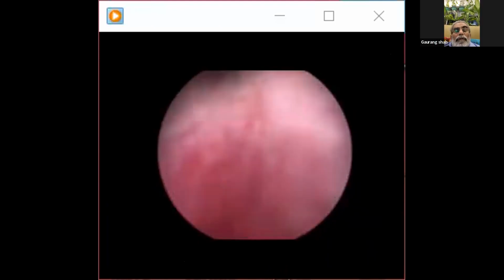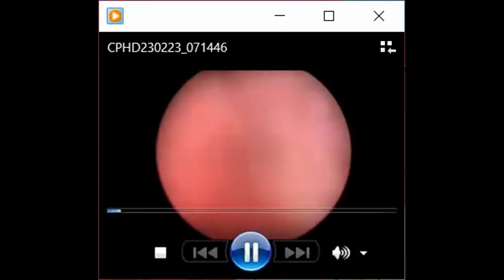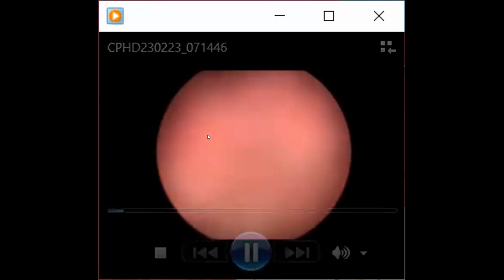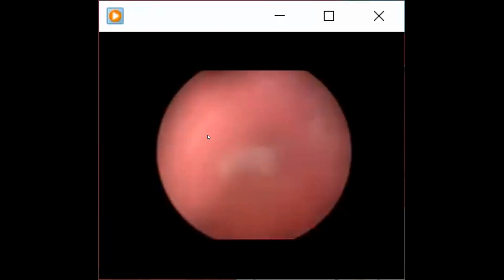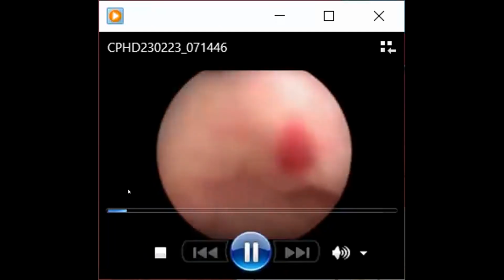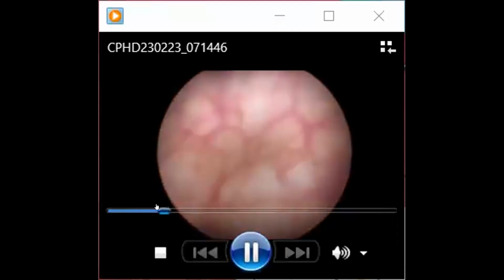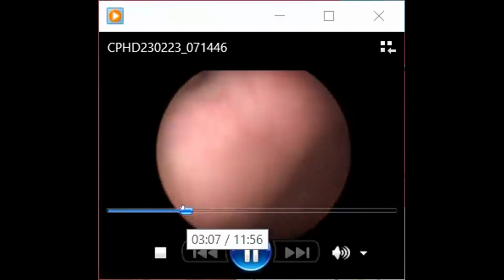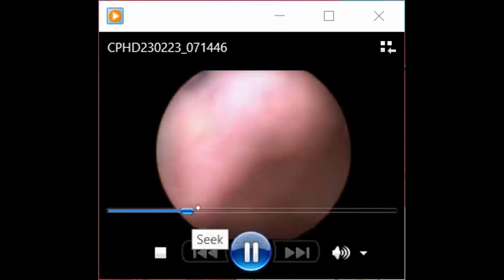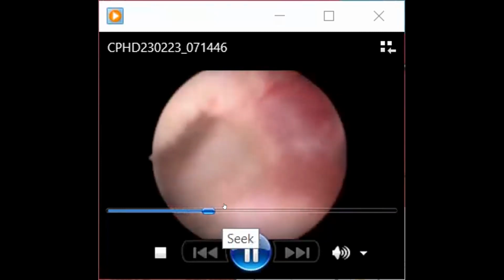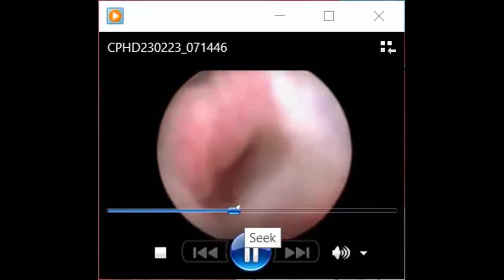Paras, show the next one. This is done from the SPC side. So this is the bladder neck.